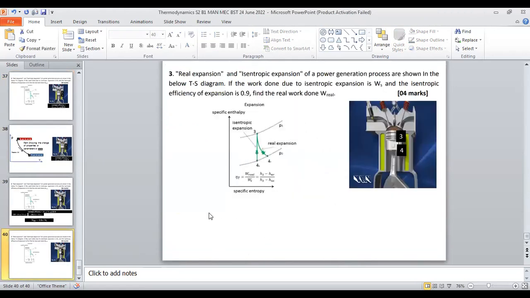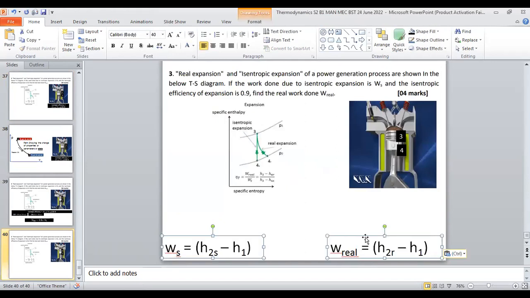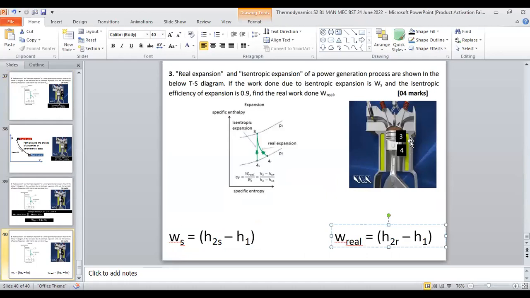Same like here. W real is, in this case, for the expansions, initially high value and H4 change real.